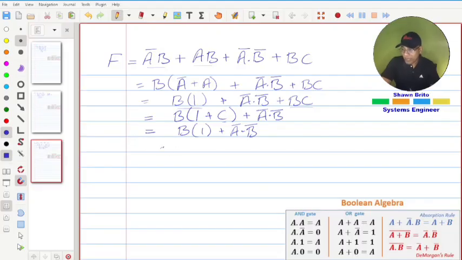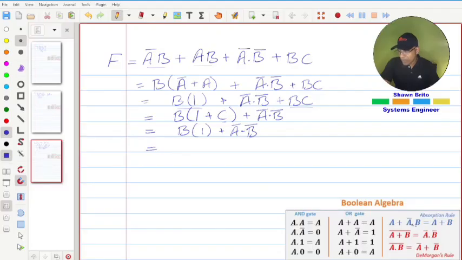We are now getting to the final step. Look at this: b plus a bar b bar is here. It's an absorption rule. It looks very similar to this, a plus a bar dot b.